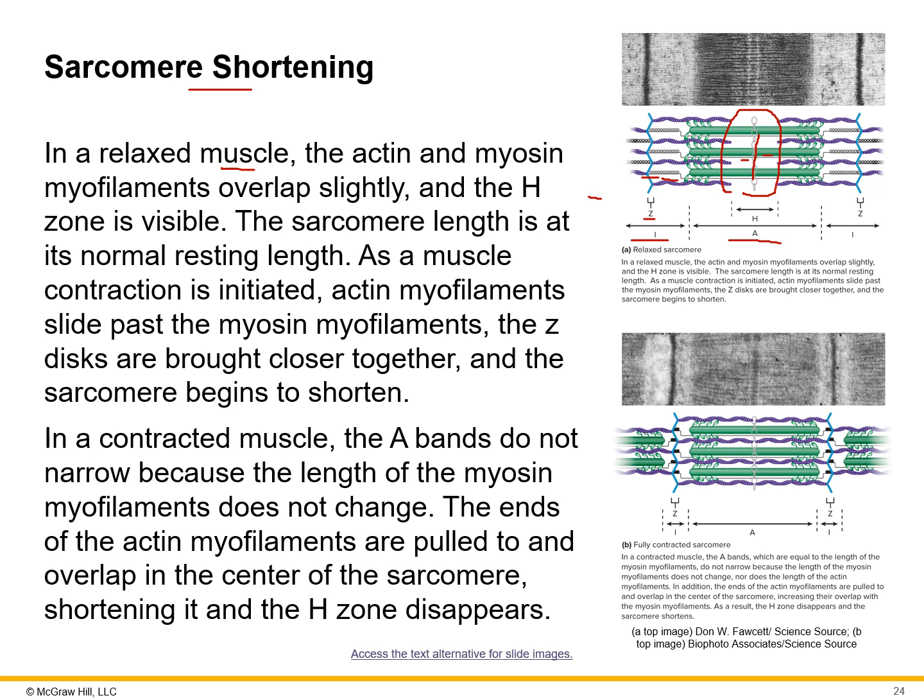Now what happens during muscle contraction is essentially we just get rid of that H zone. There is no longer an area in the middle of that A band where the actin and myosin aren't overlapping. They literally slide toward each other, so from each I band or each Z disc, that's going to shorten.